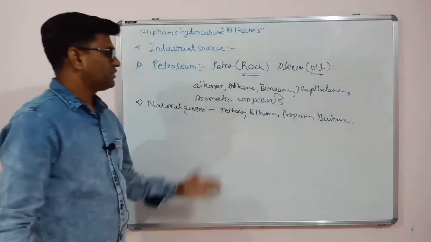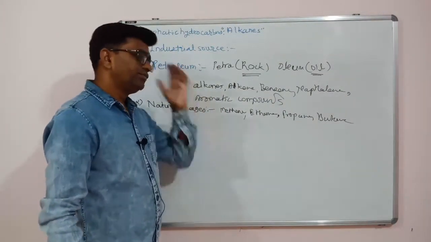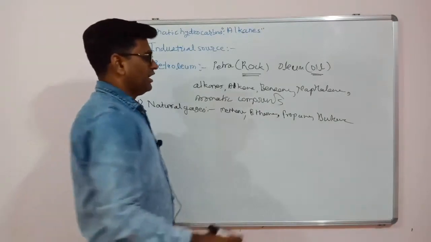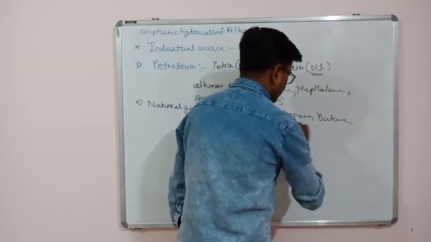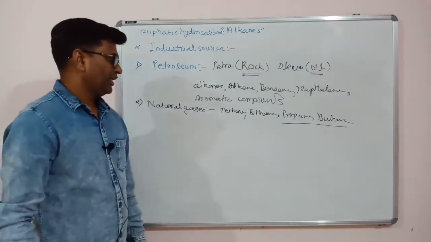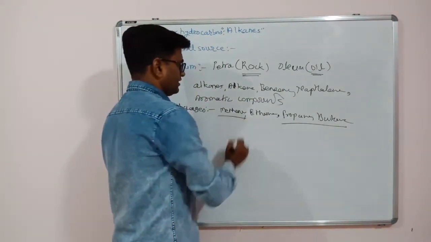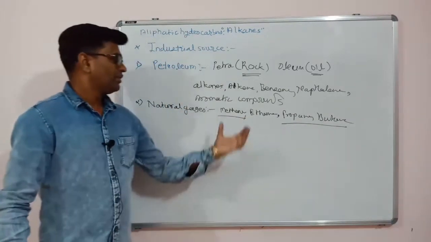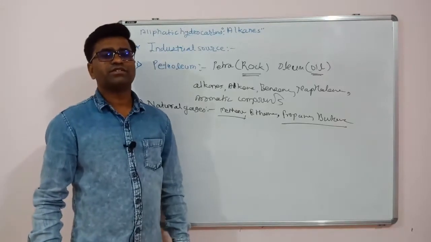So from natural gases we are getting mostly these 4 alkanes because these are in gaseous form. Our natural gas mostly contains propane, butane, isobutane, and marsh gas, that contains methane, and we can get ethane also. So these are the natural gas sources.